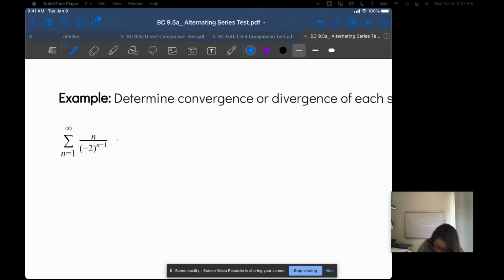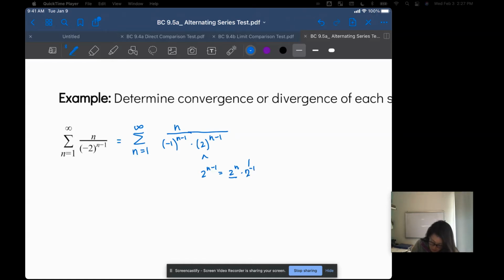So I can rewrite this series as the sum from n equals 1 to infinity of n over, I'm going to pull out the negative, so it's -1 to the n minus 1 times 2 to the n minus 1, okay? And then the -2 to the n minus 1 is equal to 2 to the n times 2 to the -1, okay?